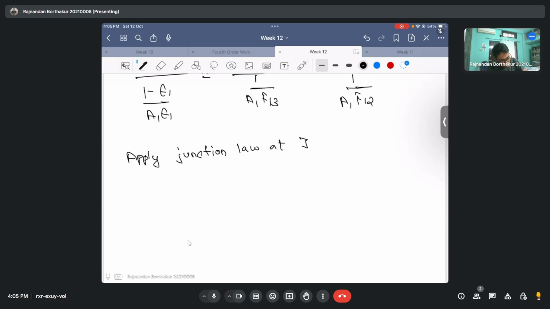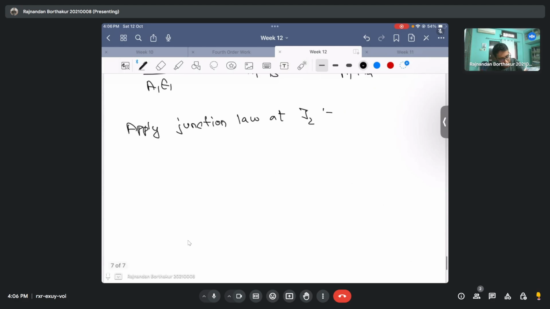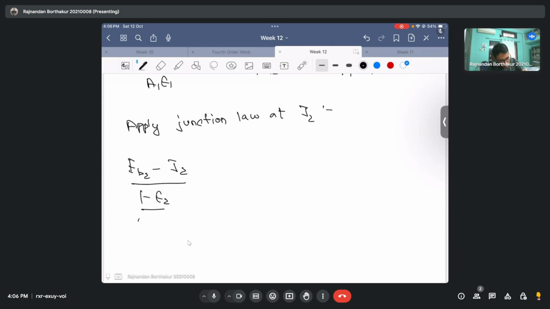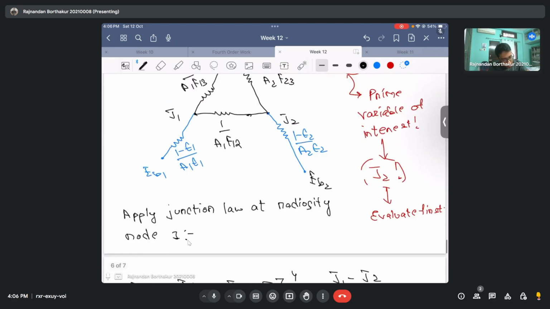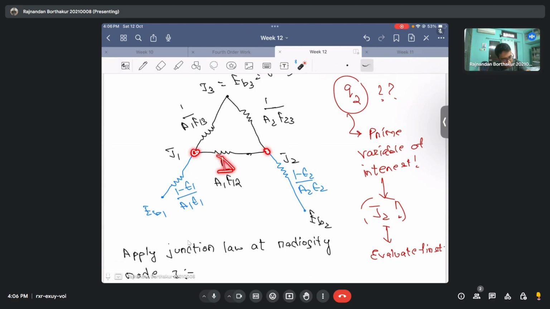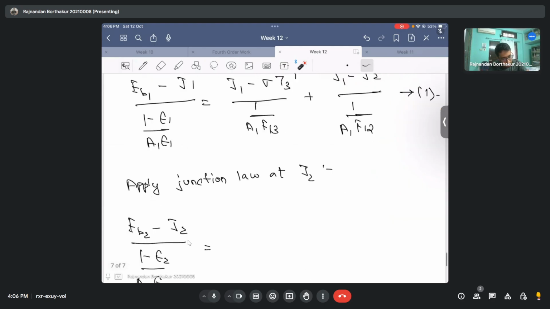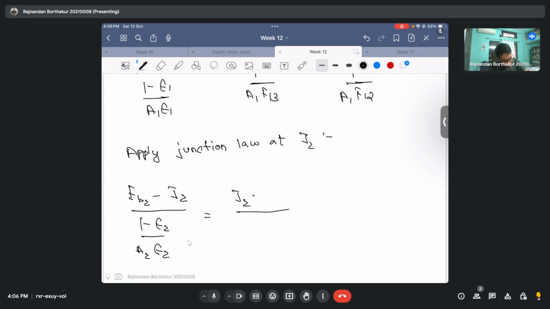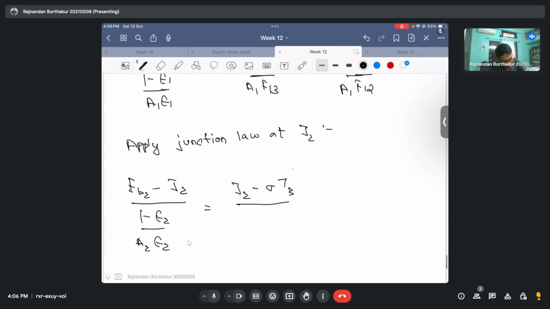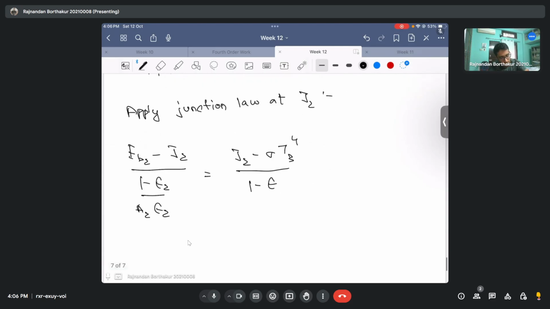at J2. So if we do that, we can similarly write that EB2 minus J2 divided by 1 minus epsilon 2 by A2 epsilon 2 is equal to the difference between these two radiosities divided by this resistance, and these two radiosities divided by this resistance, which I can write as J2 minus sigma times T3 raised to the power 4, divided by, not with this, it will be just the space resistance, 1 by A2 F23, plus J2 minus J1 by 1 by A2 F21.